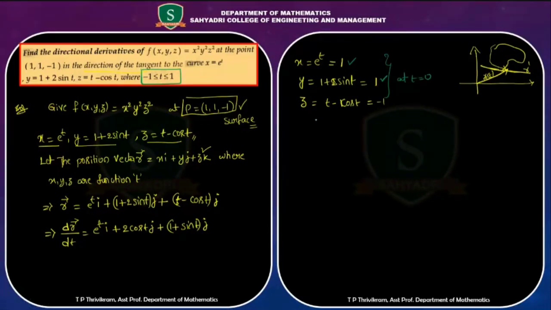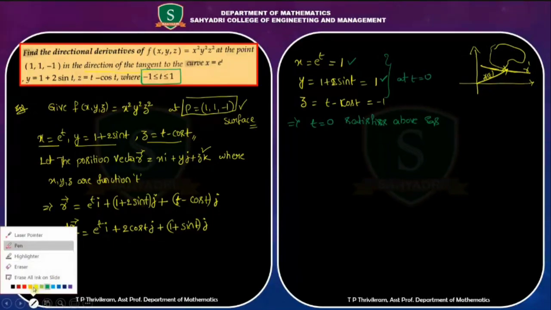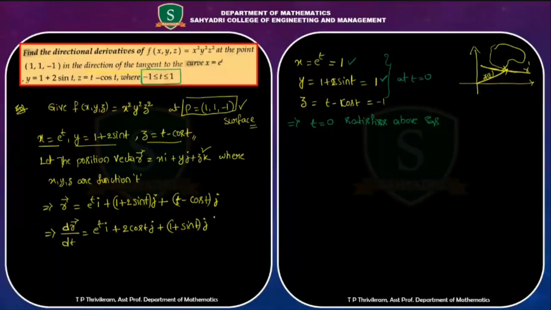So at t equal to 0, it is satisfying all these equations, right? So t equal to 0 satisfies the above equations. Now we can proceed. We have found the t value.